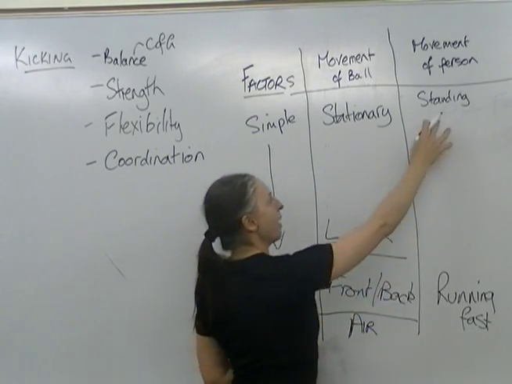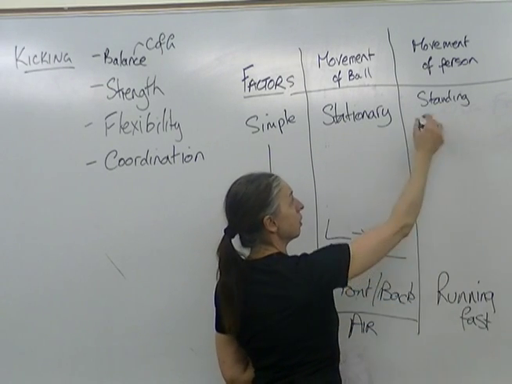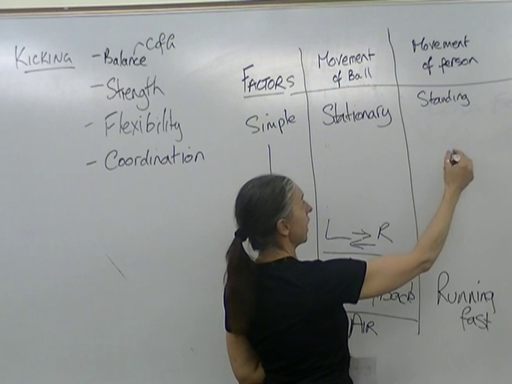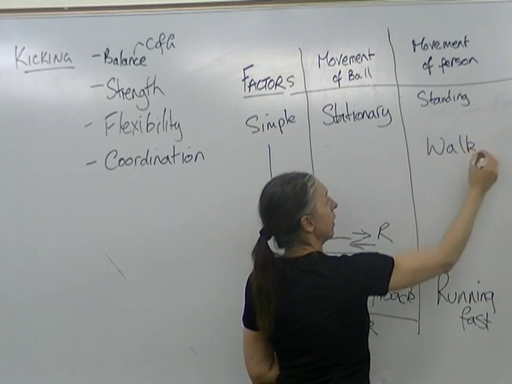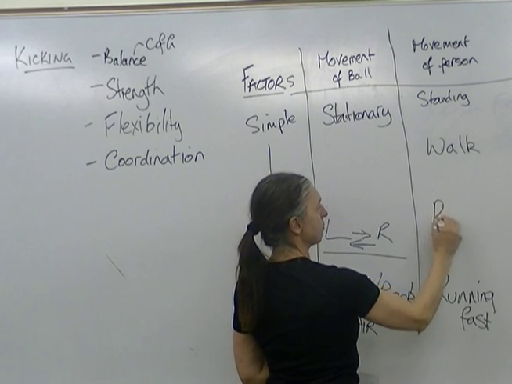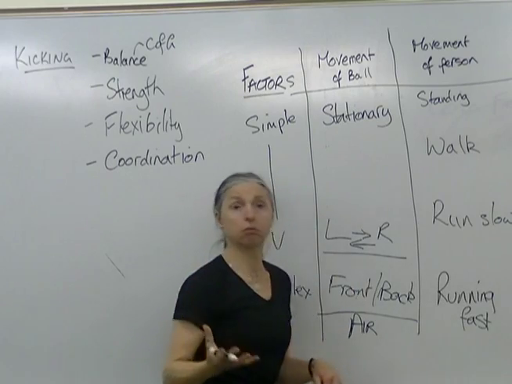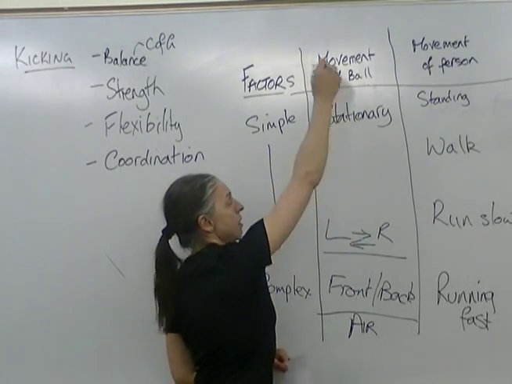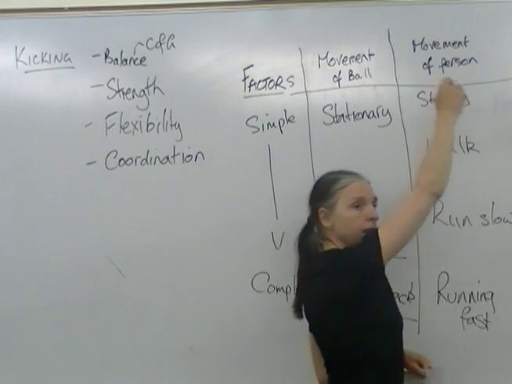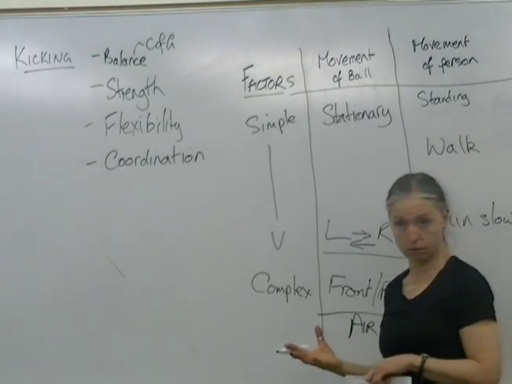So you could have maybe 3 or 4, right? So from standing, we're going to get them to walk. And from walking, we're going to get them to run slow, or jog. Jog, right? So for each factor, we come up with a list, simple to complex for that factor.